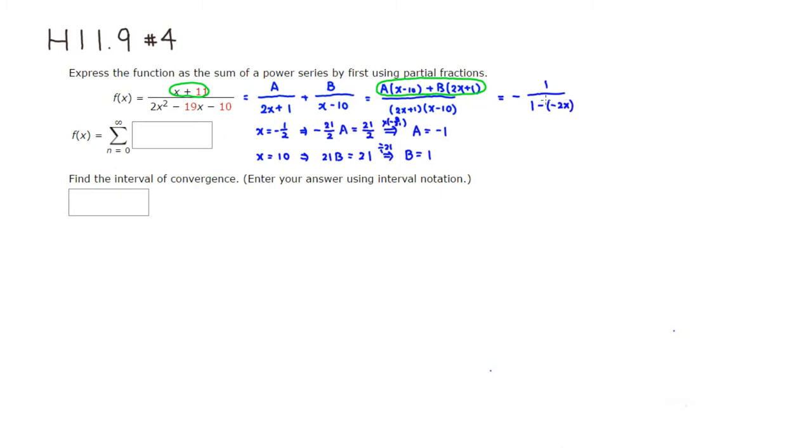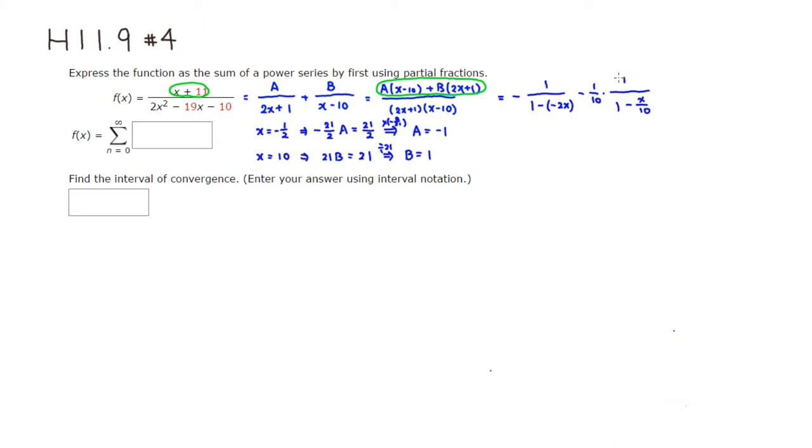And B is 1, so 1 over x minus 10. I'm going to pull out negative 1 over 10, this way I'll have 1. If you pull out the negative 10 from the denominator, you get negative x over 10, then 1 here.